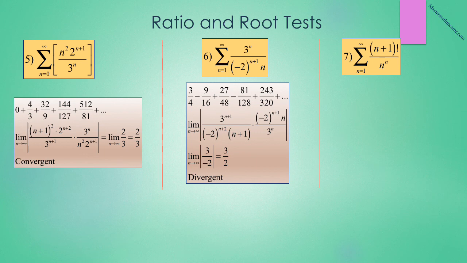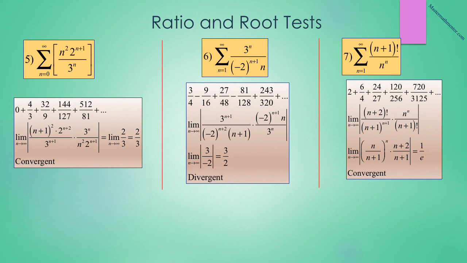Now we have a negative 2 downstairs, we have a 3 upstairs, and again the n's cancel. So this is the limit as n approaches infinity of the absolute value of 3 over negative 2. And this is where the absolute value comes in. This is equal to 3/2. Since this number is greater than 1, this is a divergent series.